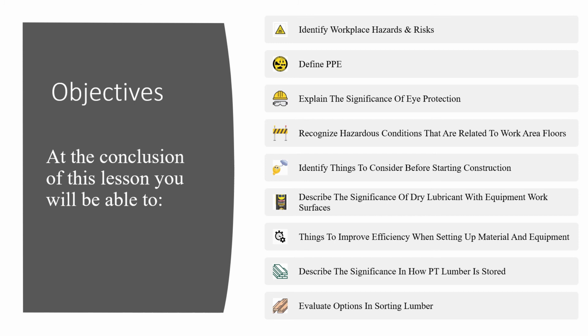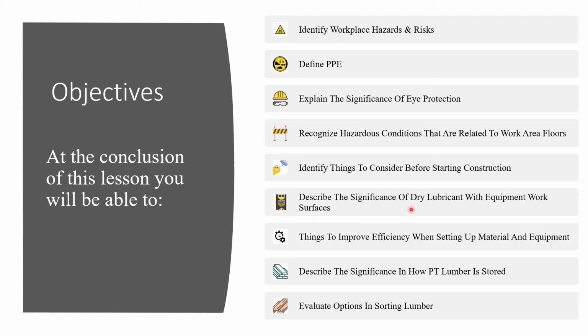At the conclusion of this lesson, you will be able to identify workplace hazards and risks. Define PPE. Explain the significance of eye protection. Recognize hazardous conditions that are related to work area floors. Identify things to consider before starting construction.